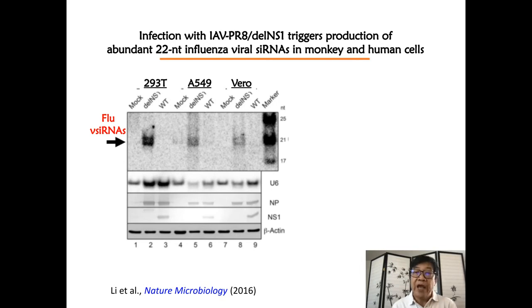The top panel of this slide shows the Northern blot detection of viral siRNAs from monkey Vero cells and human 293T and A549 cells infected by the NS1 deletion mutant influenza A virus.